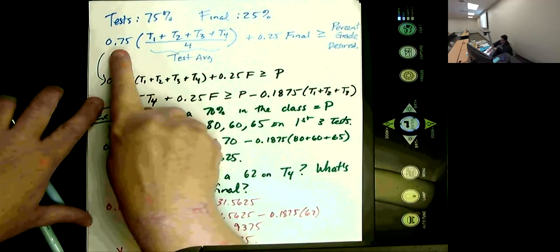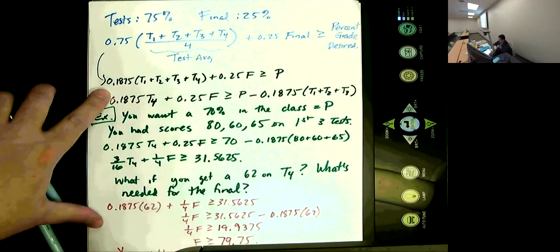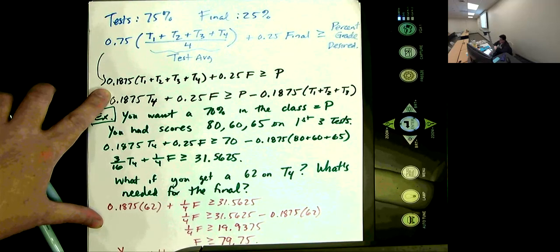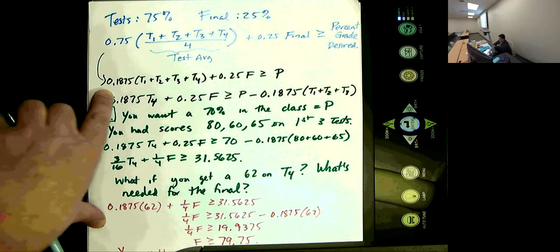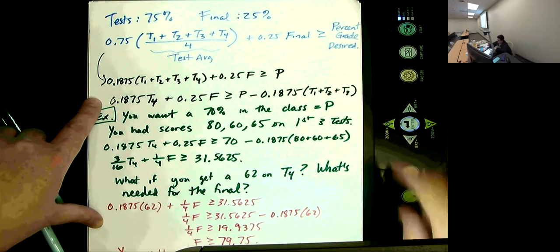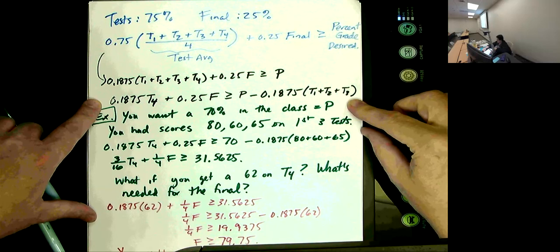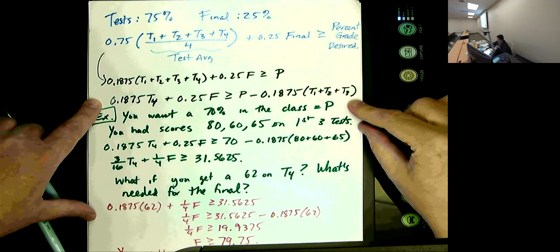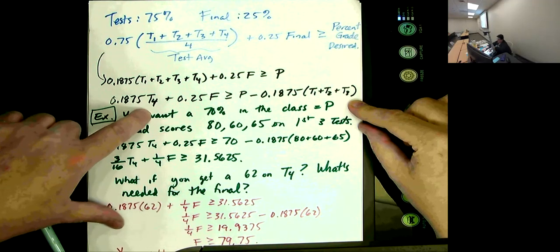What I did is did 0.75 over 4 and you get 0.1875. I moved that out front. I effectively distributed and then moved all the things I knew were constants to the other side. You already know your score for T1, T2, and T3. The only ones you don't know are T4 and final.